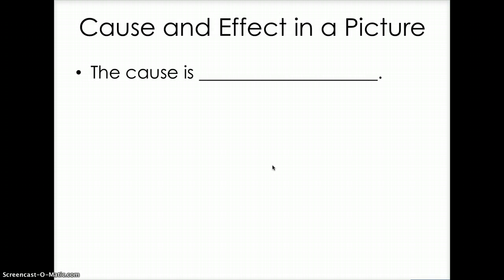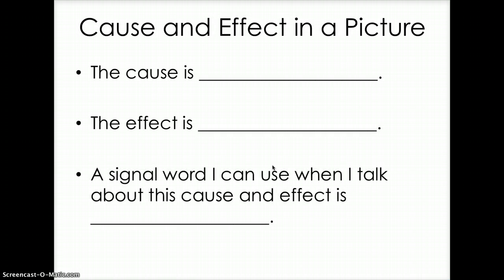So the cause, the effect, and the signal word I can use is perhaps because. So people are running away in terror because these strange aliens came from outer space and they seem determined to destroy the world. Okay, so I use the cause and I put the effect here. People are running away because aliens came and they seem to want to destroy the world. All right.